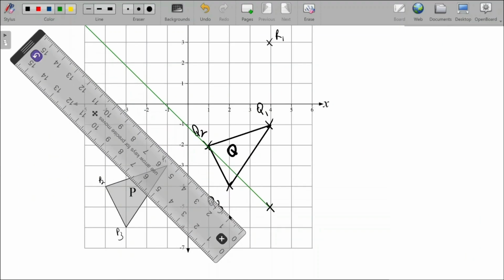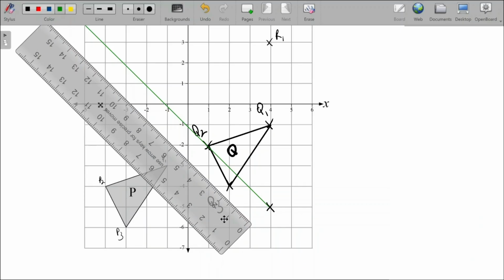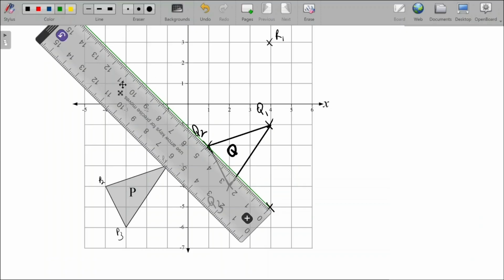Then we measure the distance between the center of enlargement and Q2. This green line is slanted, so it's better we use the ruler than the grid lines. Although in this case we can still use the grid by counting them in diagonals.